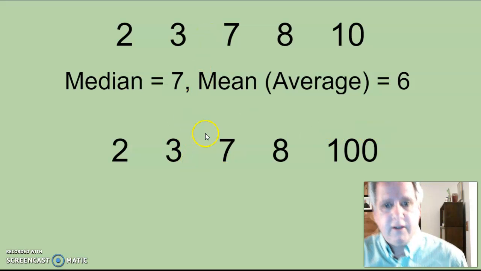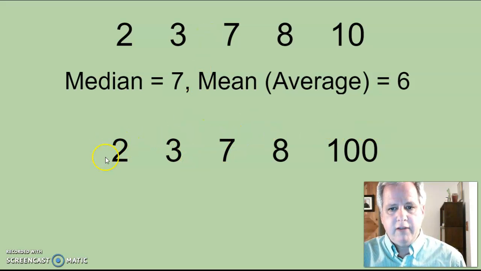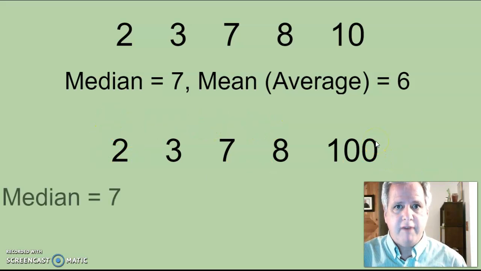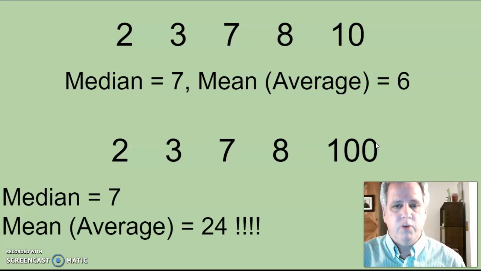In this case, if I look at the 5 numbers, the middle number is obviously 7, just like the one above. But when I add all of these together, I get 120. And there's 5 numbers, so 120 divided by 5 gives us 24.